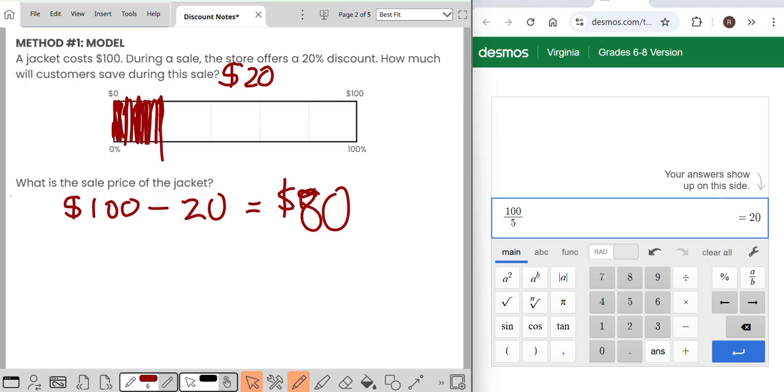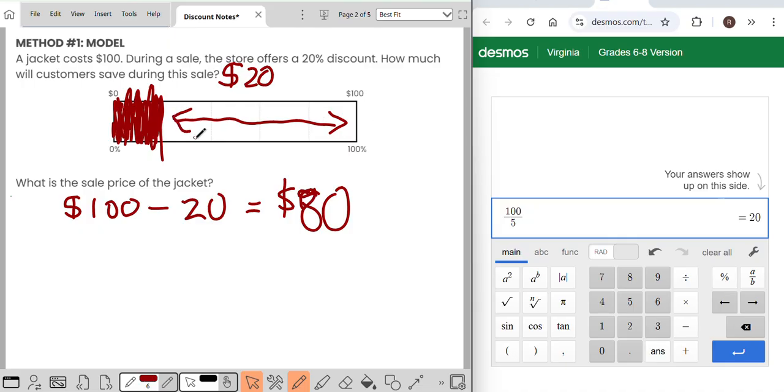Now, let me go back up here to the model. I told you that 1 block was $20, and we figured that out by doing $100 of the coat divided by the 5 sections that we found earlier. But the interesting part about this is, do you see this blank part here?